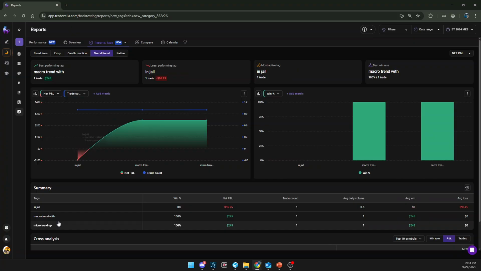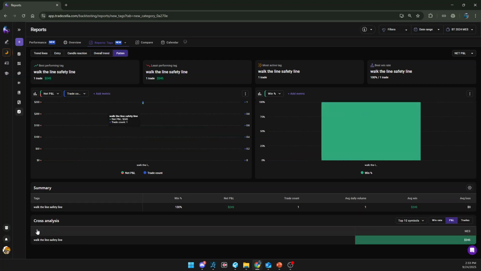The overall trend, I'm starting to see how many trades it took and how did it work. And then the pattern. Walk the line, safety line, 1, 2, 4, 5. So this is where you're going to get that meat.